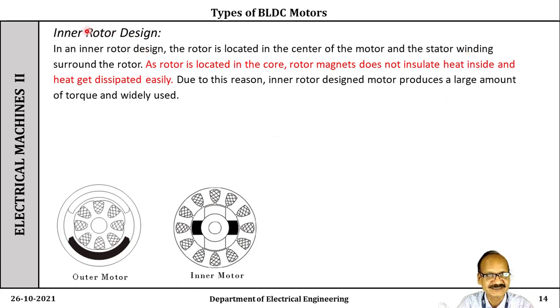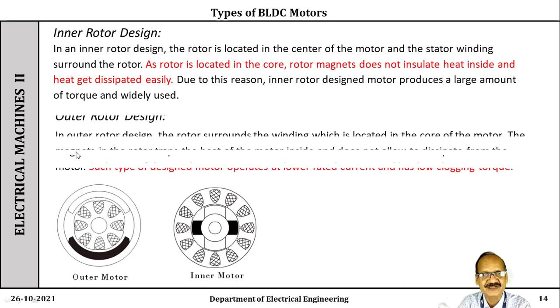Obviously the stator is outside and the rotor is inside, at the core or center position of the motor. As the rotor is located in the core, the rotor magnet does not insulate the heat inside, and therefore the heat can be easily dissipated. Therefore the temperature rise is somewhat limited, and due to this reason, the inner rotor design motor produces a large amount of torque and therefore it is widely used.